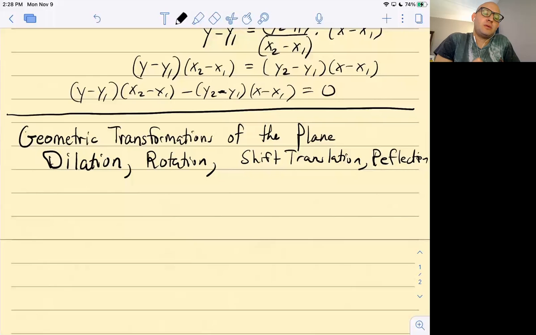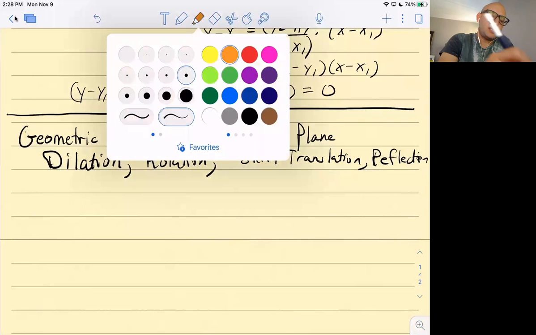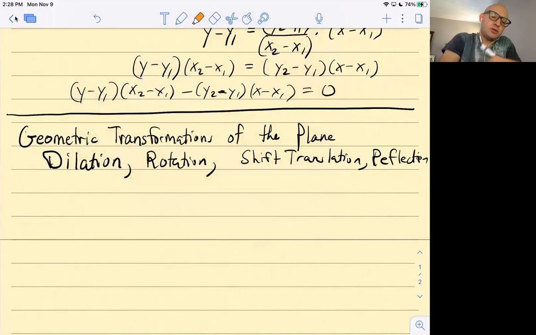So it turns out that matrices are actually really, really good at doing these things, and we can think of a 2x2 matrix as essentially doing all of these, except what it doesn't do is the shift, which is translation. But we can think about matrices as doing all of these operations.